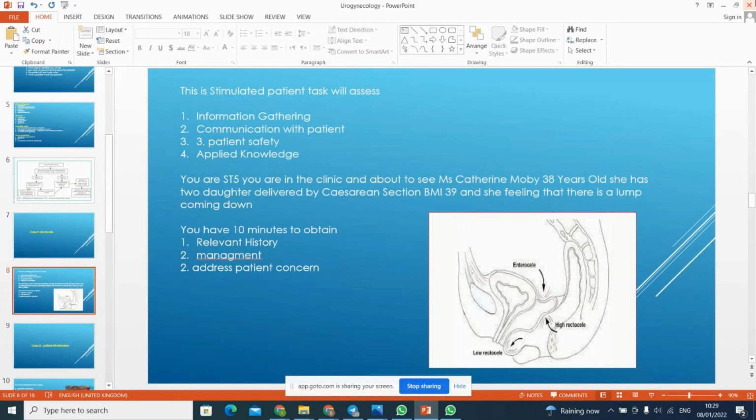We call it posterior wall descent, rectocele. Am I making sense to you? Am I clear? What is it exactly? I can't understand the meaning of this. That means your back passage through the vagina is coming down. It has loosened up a little and is coming down. And why did that happen?